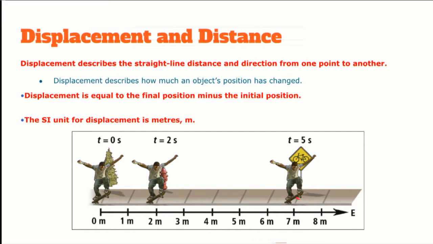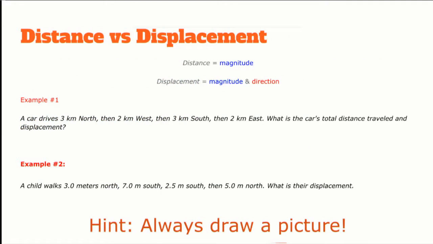So in your head, you're going, okay, well, that's 5 meters because each one of these is 1, 2, 3, 4, 5. Or you could go 7 minus 2 and you could end up with 5. So in your head, you're probably doing subtraction even though you're not really.